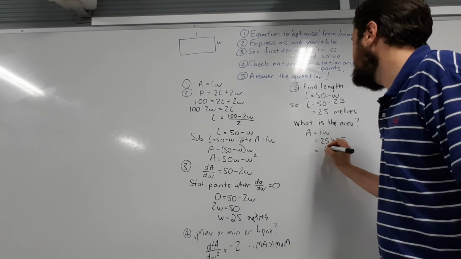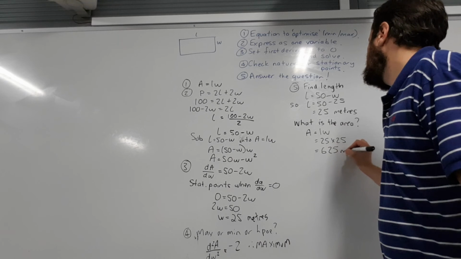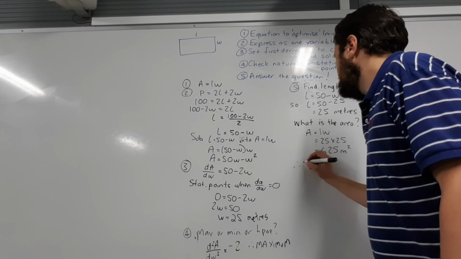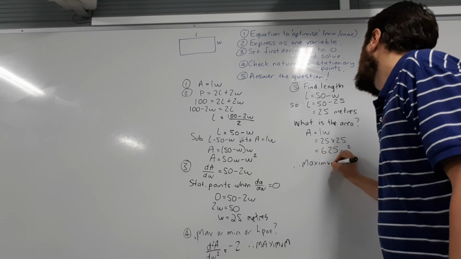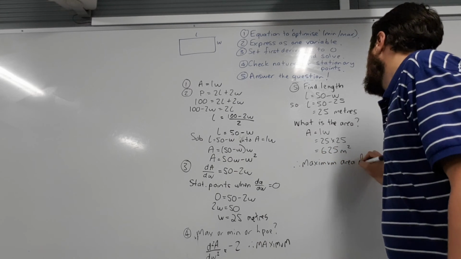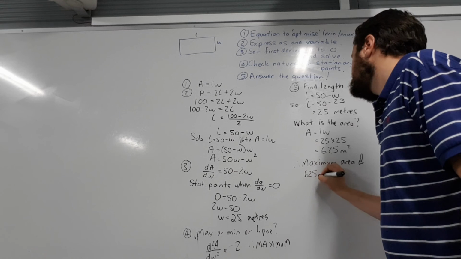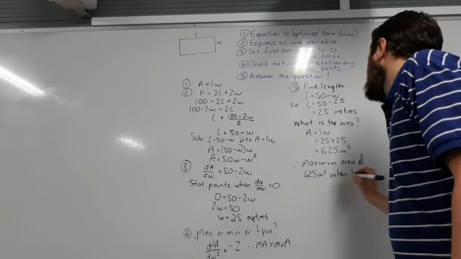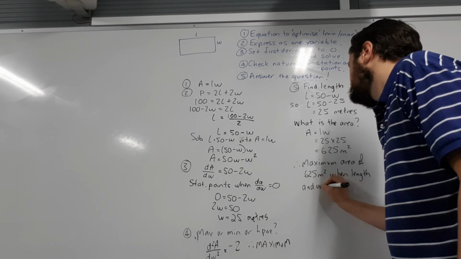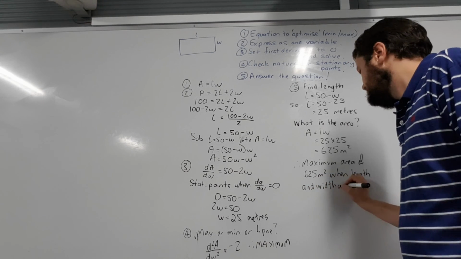It's actually a square, 625 metres squared. So therefore, maximum area of 625 metres squared when length and width are 25 metres.